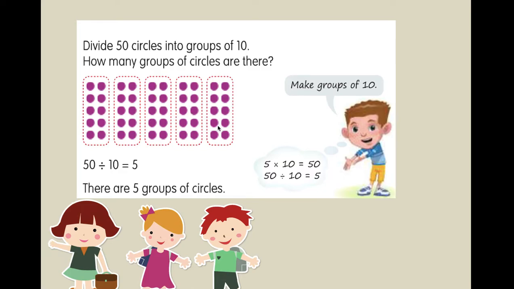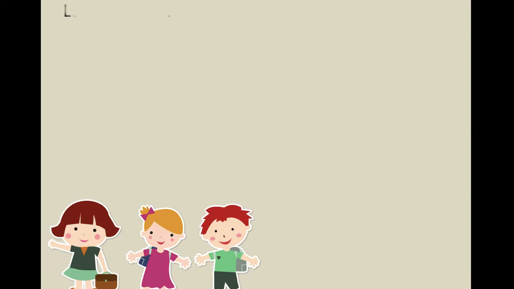We make 5 groups. So there are 5 groups of circles. I hope you understood this. And now, let's practice some more examples.